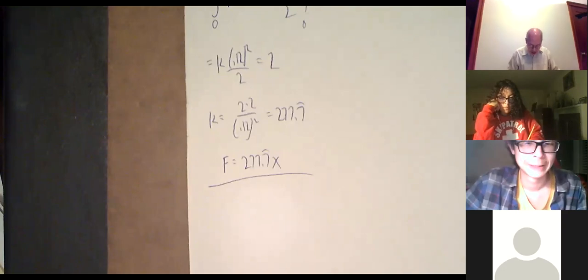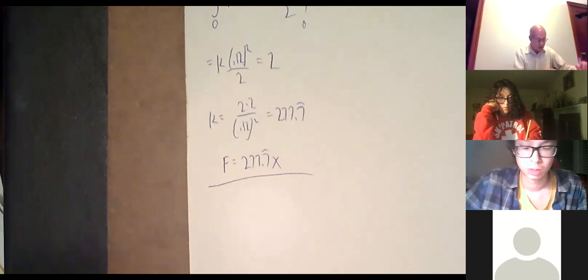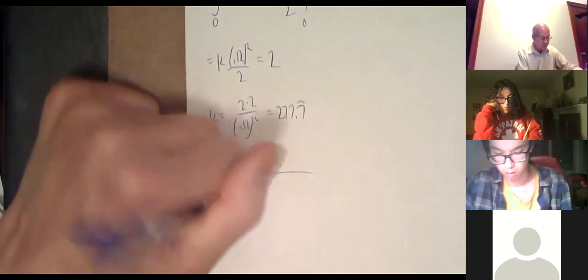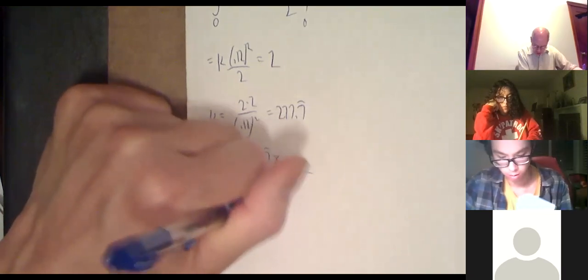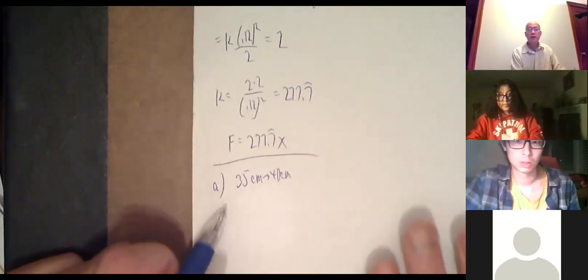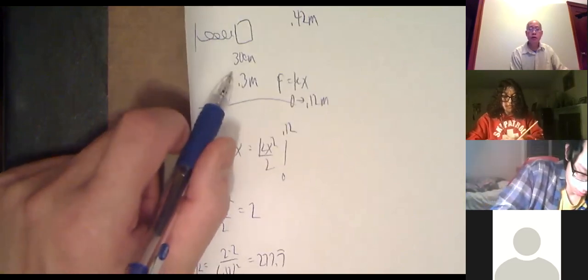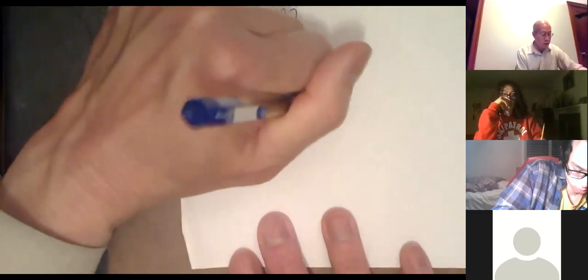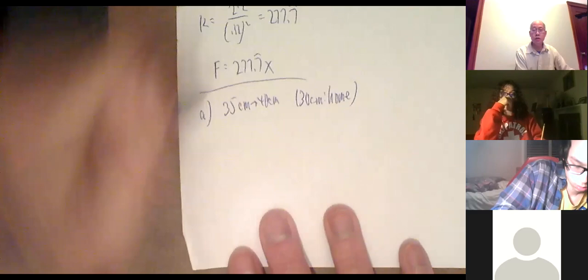So part A says what? You're now going from 35 centimeters to 40 centimeters. The natural position was 30. That's the real 0. So remember, 30 centimeters is the natural position or the home position.